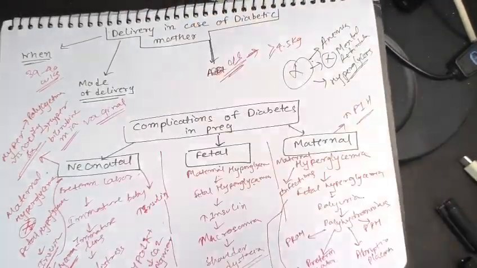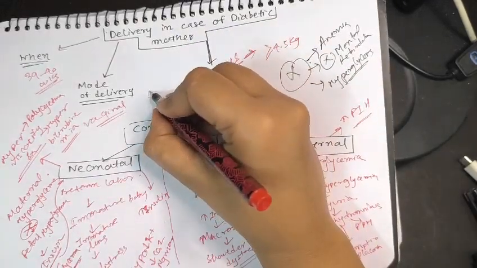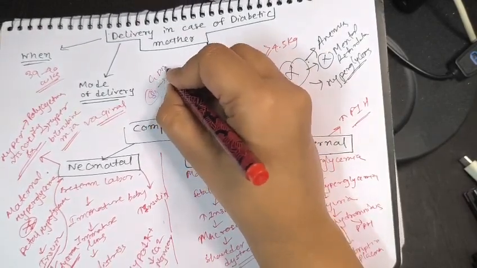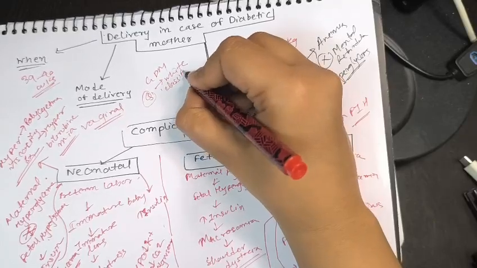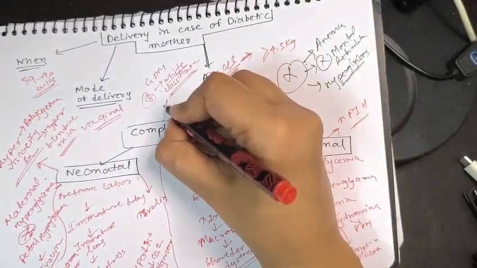There's another point I want to add, that is gestational diabetes mellitus is termed the White classification. Gestational diabetes mellitus has been classified by the White classification.